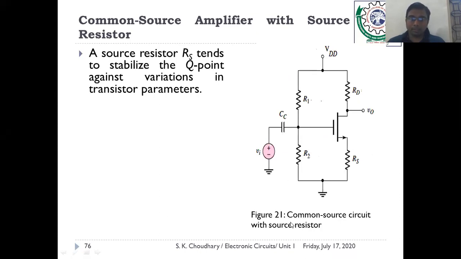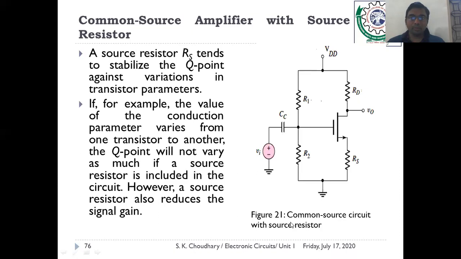So you can see here the conduction parameter, for example Kn, changes as you change the transistor, because it depends upon the manufacturing of the transistor. Suppose the same part number, say 2N7000, is made either by ST Microelectronics or by another company. Different companies make the same transistor and they have little differences in the value of Kn.